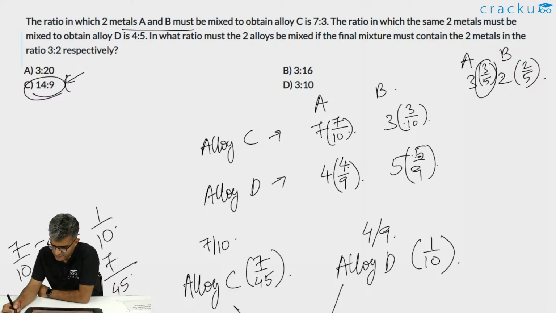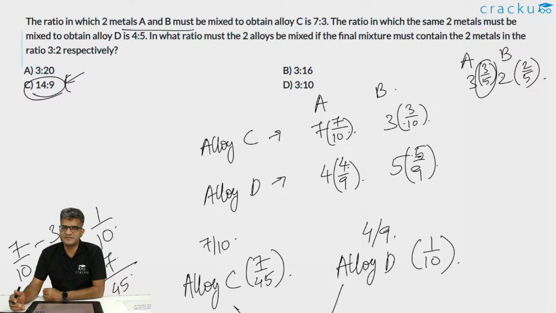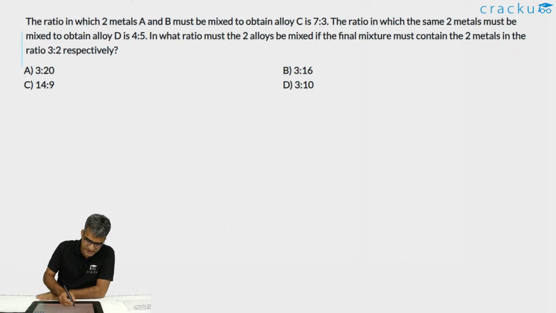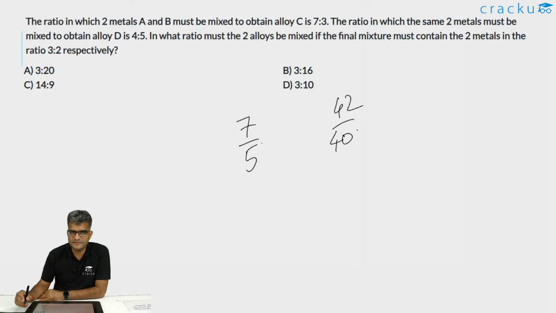Sir, how to remember these formulas? I come across them every time I study ratios, but never remember them. You should understand the concepts. Even if you don't remember the formulas, it should be okay. For example, like I mentioned earlier, if you are asked 7/5 and you are asked something like say 42/40, and you have to quickly say whether it is greater than or lesser than. One way to do it is just cross multiplying. Another way to do it is, okay, we have 7/5, we have 42/20, we have 42/40.